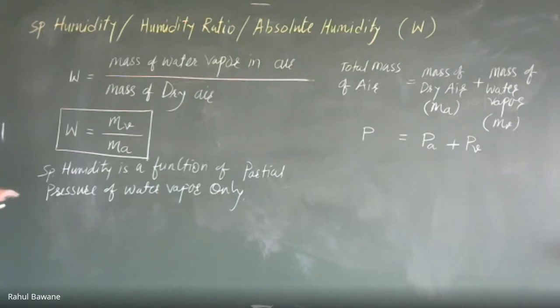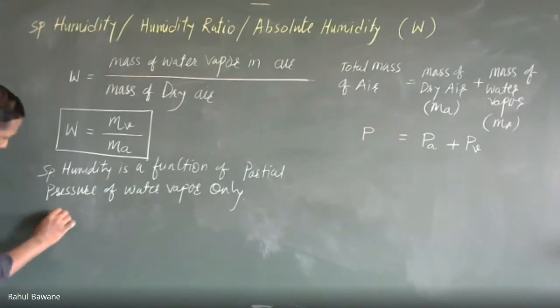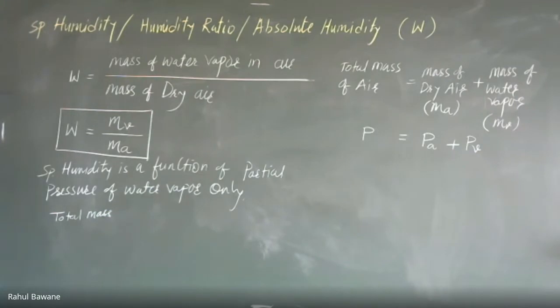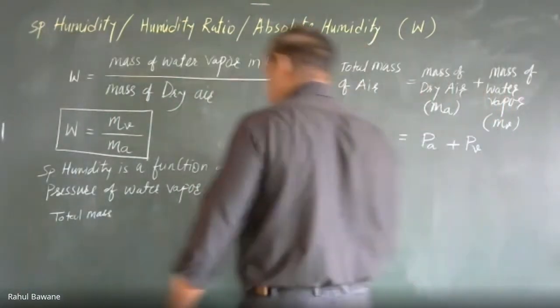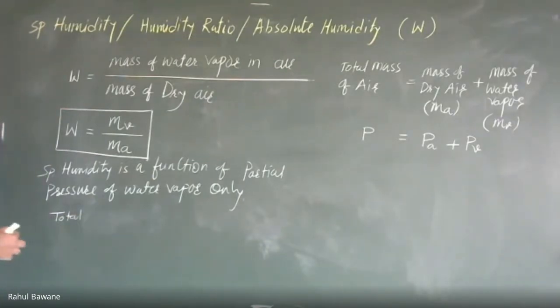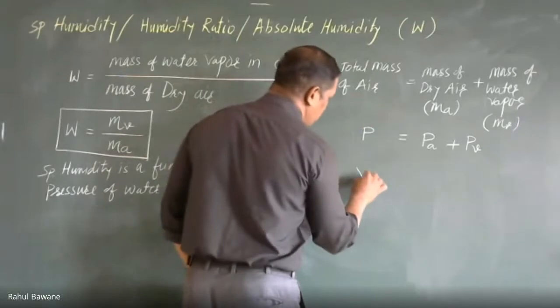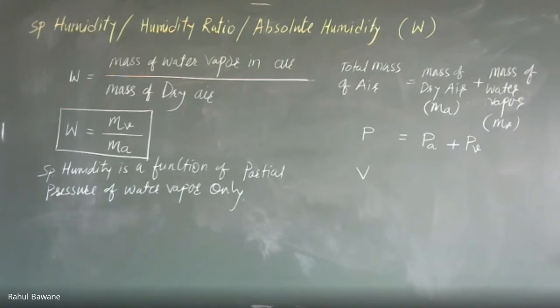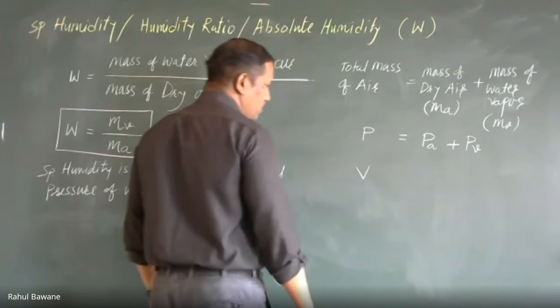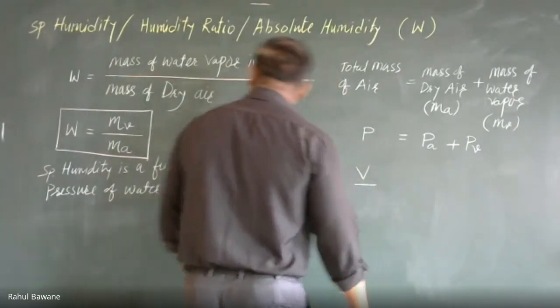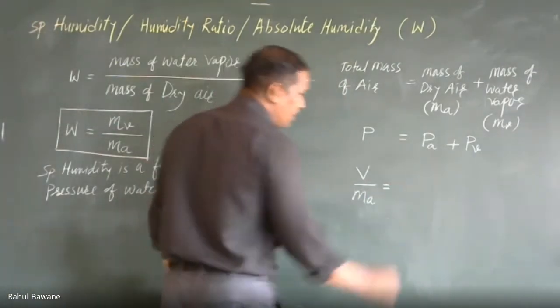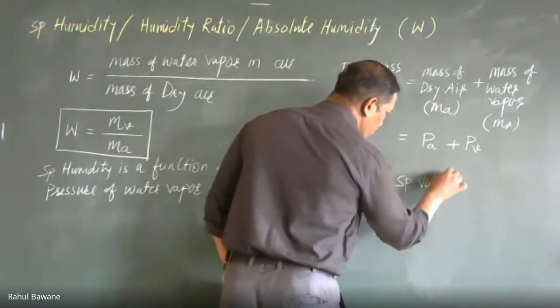Now anyhow we have to justify this. If I take the total volume of air, I will write it here, this is the total volume of air, V. And if I divide this total volume by the mass of dry air, it will be the specific volume of dry air.